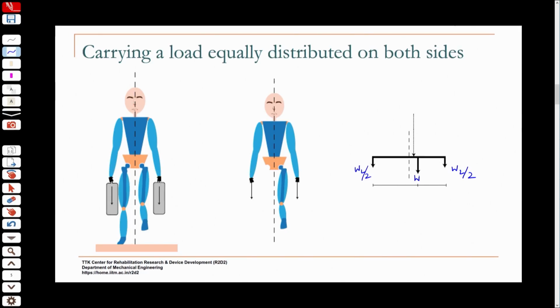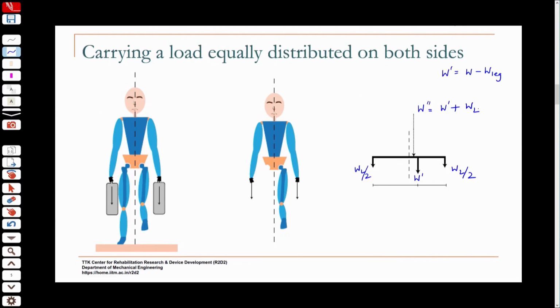This is W dash, which is equal to W of the body minus weight of the leg. So, the net is higher, I have W double dash equal to W dash plus WL.